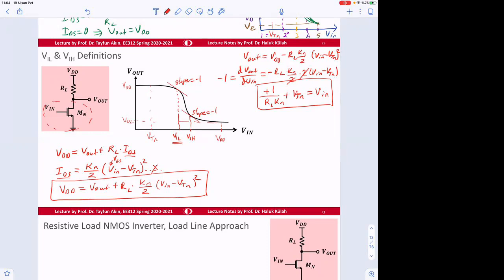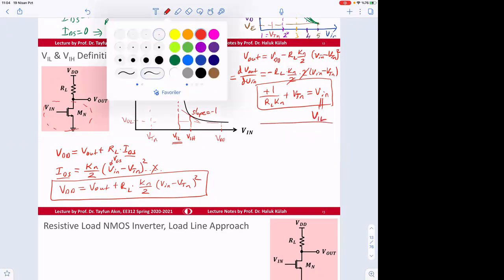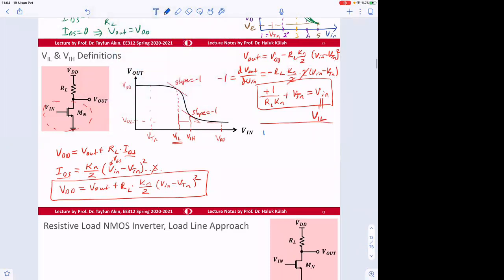This value of V in is equal to V input low. Determining V input high takes more time.